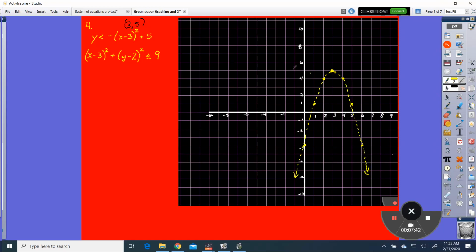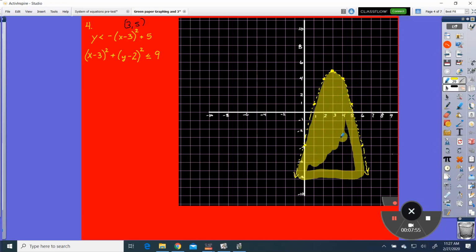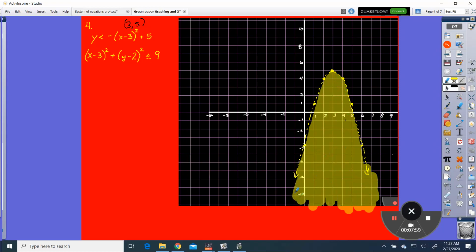And it's shaded below, so it's less than. This keeps going on forever. So anyways, that's my parabola.